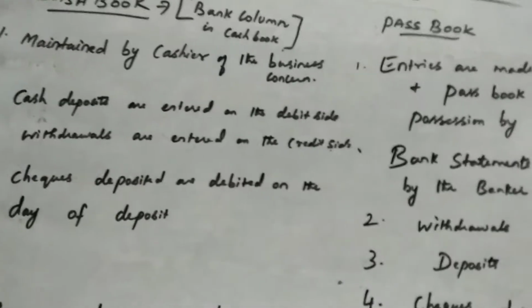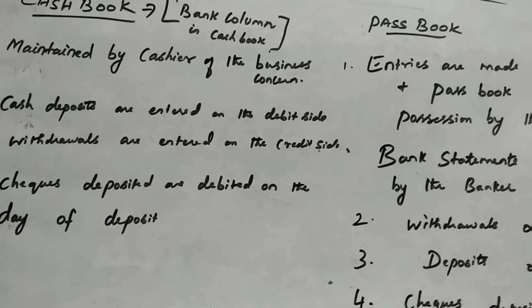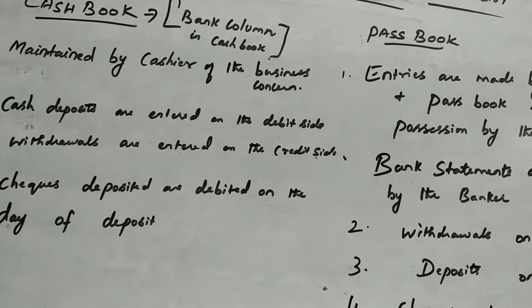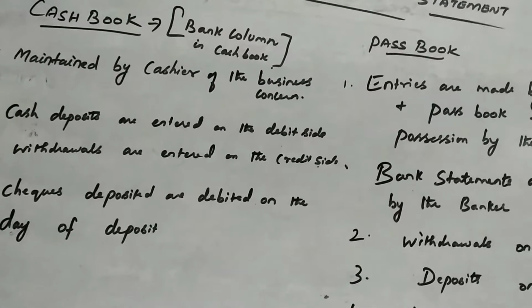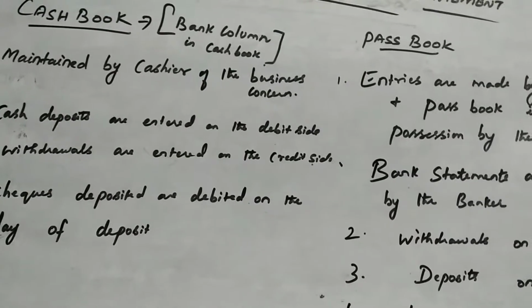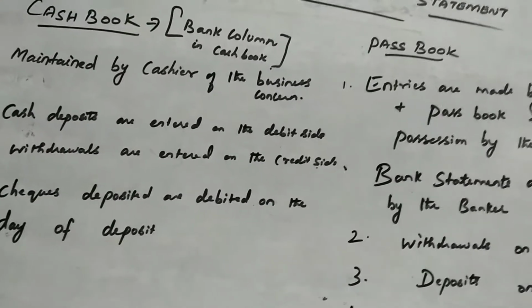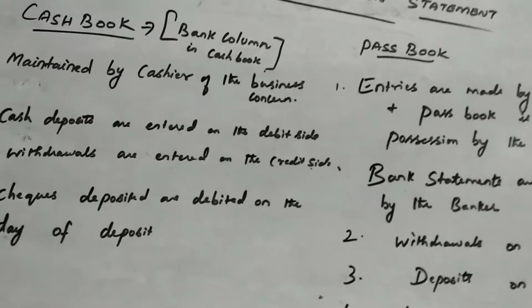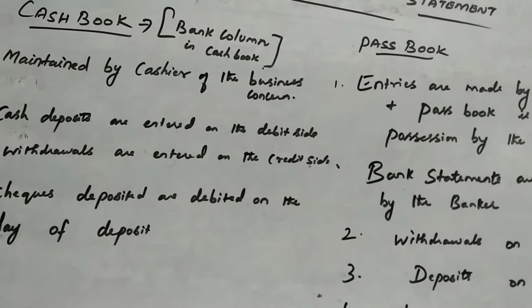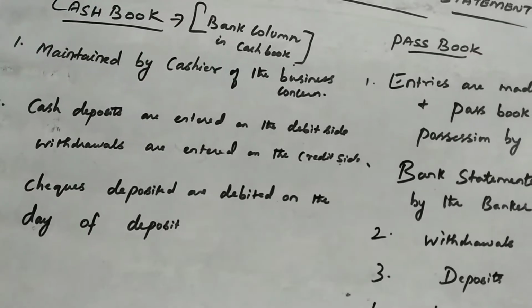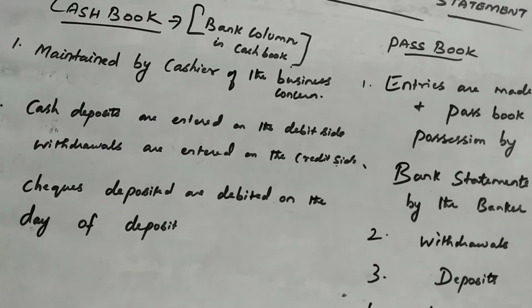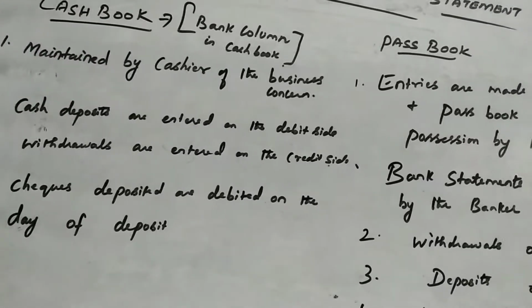The other way around, now you are receiving a check from your customer. Your customer has given you a check. You have made a credit sale and now the customer is making the payment through check. You have received a check and you can't keep the check at home simply, right? So what will you do? You will take the check and deposit it in your bank, right? Before taking the check to the bank, what will you do in your cash book?